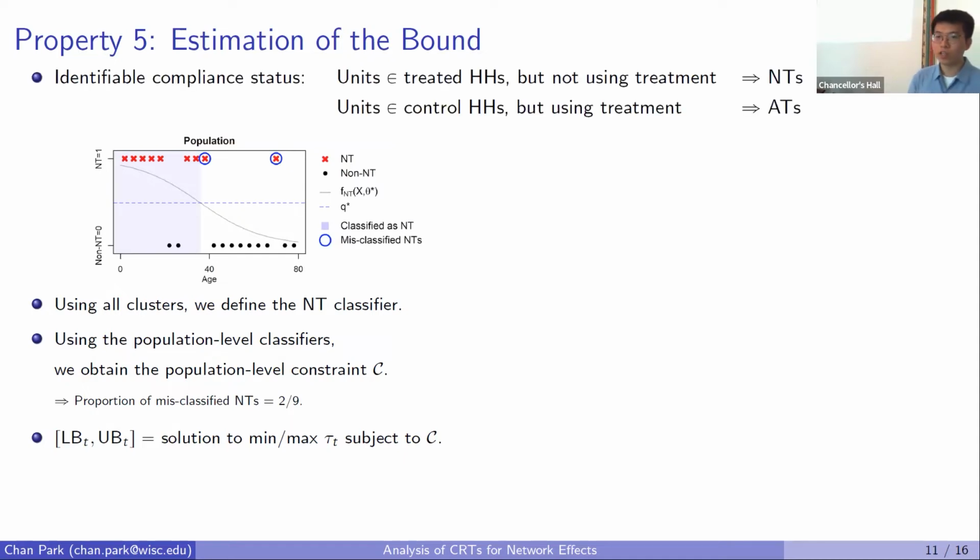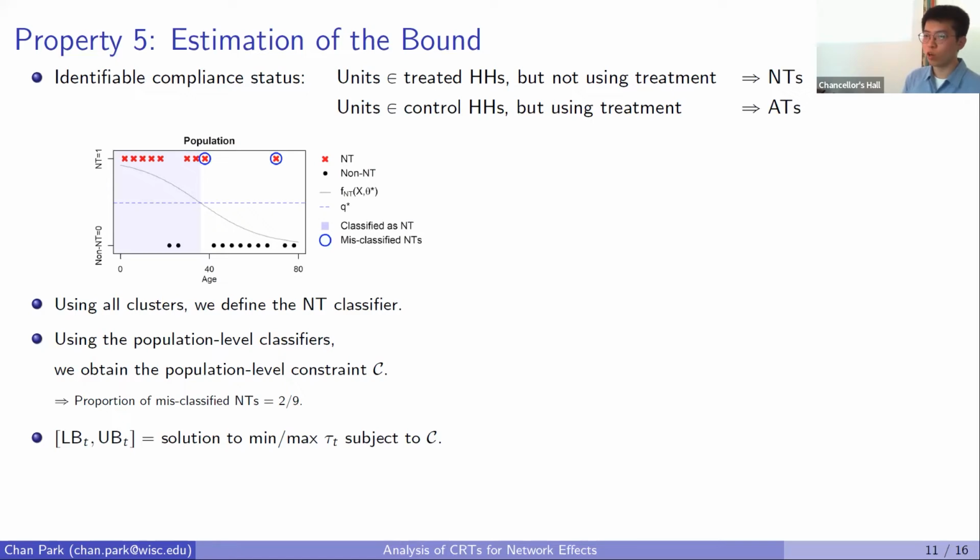However, actually, we cannot identify all of the compliance types. Actually, there are only two groups of people whose compliance type can be identified. The first group of units are the units who are treated but who did not use treatment, which are never takers. And the second group is the units who are in control households but used treatment.